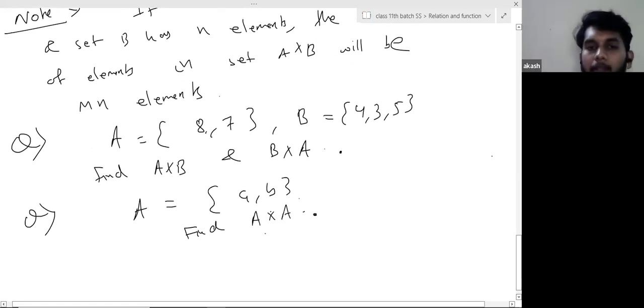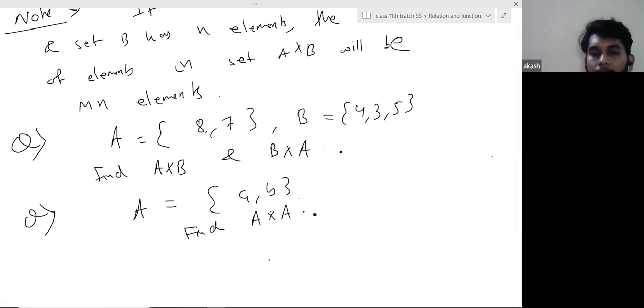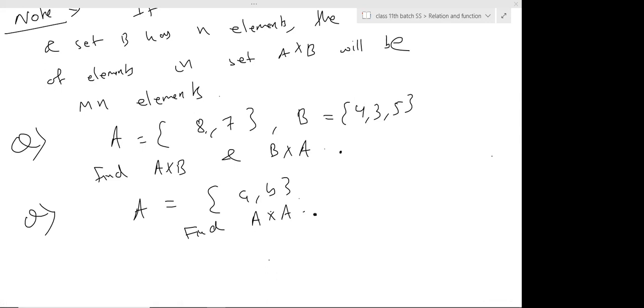Right, this is the next question. If A equals A comma B, find A cross A. So there will be 4 elements.